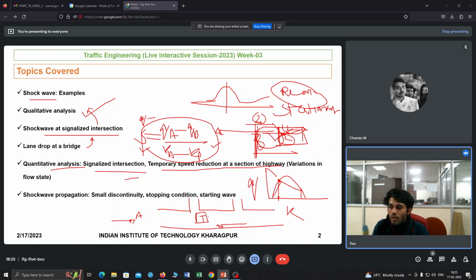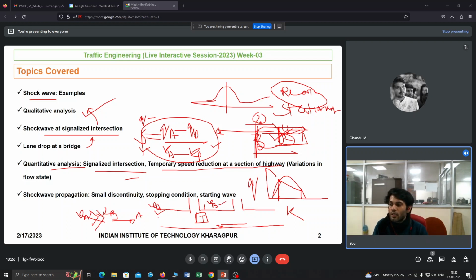Now if the truck speed is very low, suppose the truck is traveling at a speed of VB, and here the speed was VA, and suppose VA is greater than VB, right? If it is greater, suppose this speed is 60 and this is 20.